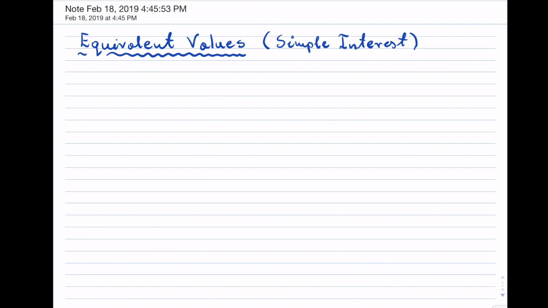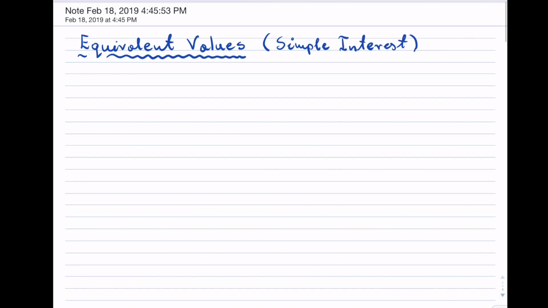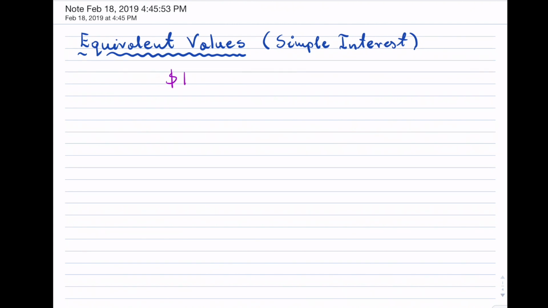Well, being the same is easy to understand: if you have $100 and somebody else has $100, the $100 that you have is identical to the $100 that someone else might be holding.